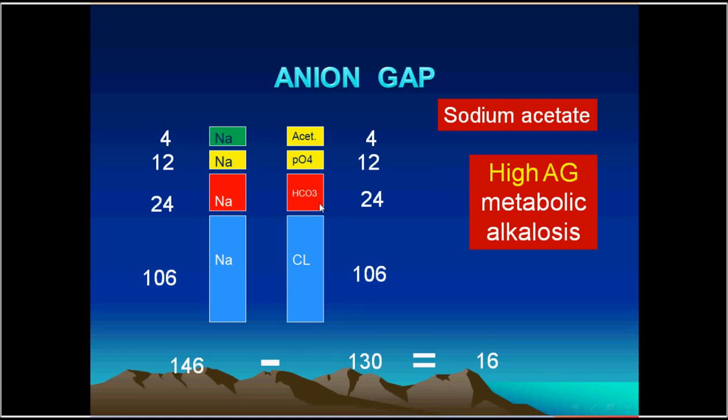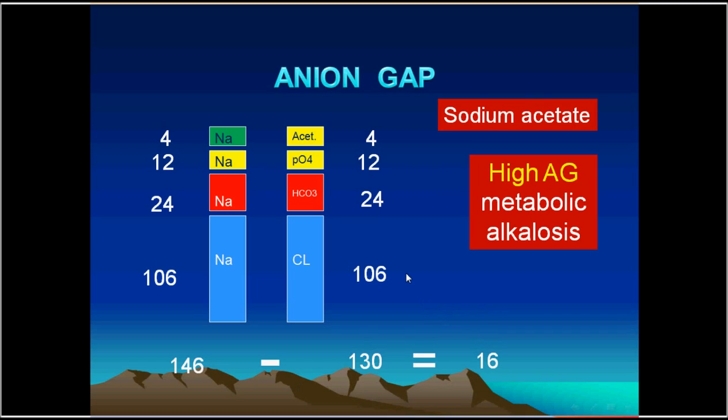But on the other hand, the bicarbonate is the same 24, the chloride the same 106, the two together 130, and 146 minus 130 gives you 16. So this is larger than the normal, which is 12. So this is the case if you added sodium acetate: you will produce what you call high anion gap metabolic alkalosis, because sodium acetate will give you alkalosis, the pH will be alkaline.